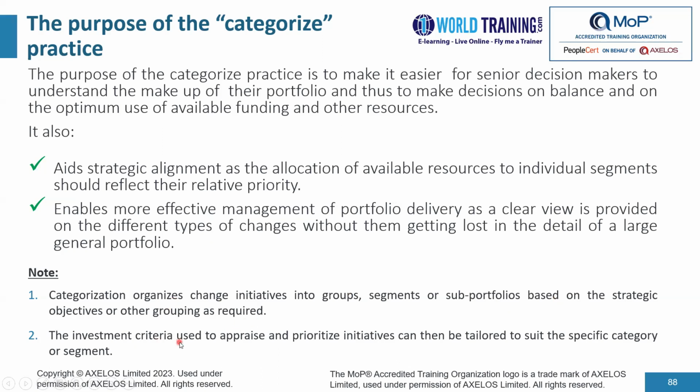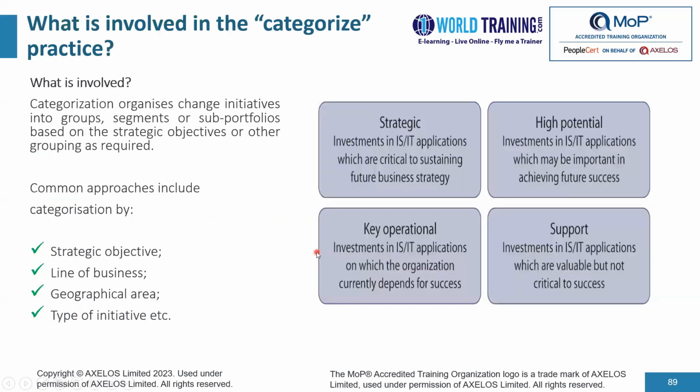The investment criteria used to appraise and prioritize initiatives can then be tailored to suit the specific category or segment. So, categorization organizes change initiatives into groups, segments, or sub-portfolios based on strategic objectives or other grouping as required.